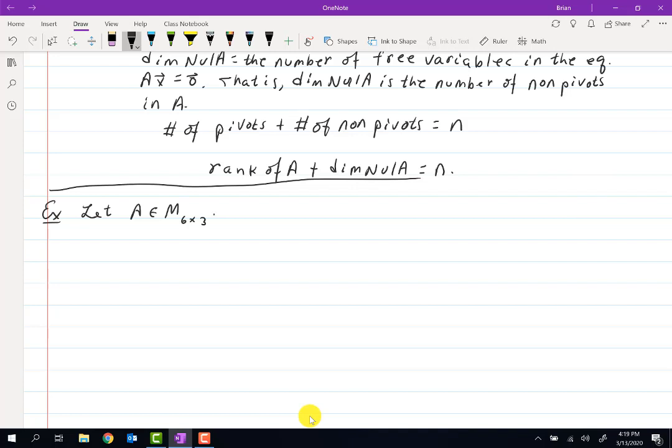And let's suppose the rank of A equals 3. Then we have the rank of A plus dim null A equals the number of columns, which is 3. Well, the rank of A was equal to 3.